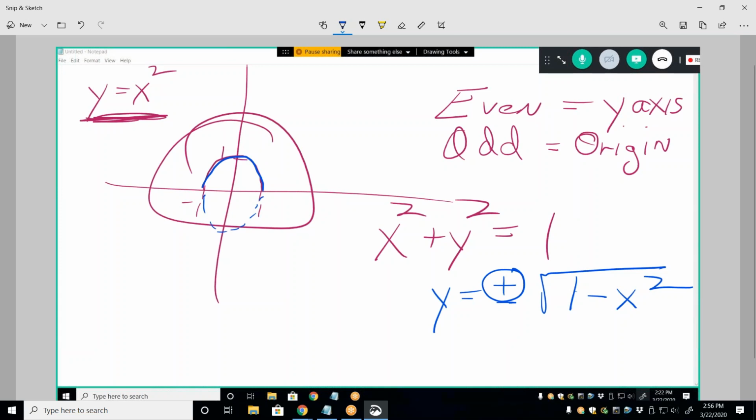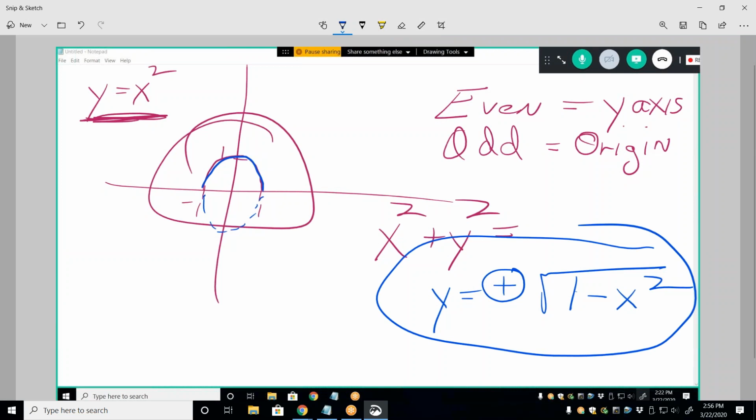The minus side is the bottom half of that circle that isn't there. It doesn't exist. So that's the equation of that figure that you have right there. Not that they asked for that. You don't need it, but I thought it was worth pointing out. When you have a circle and you solve for y, the plus is the upper half, the minus is the lower half of the circle. Okay.